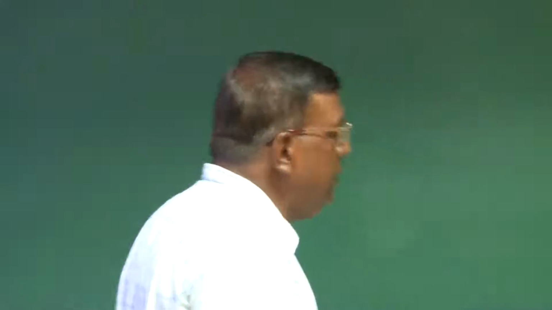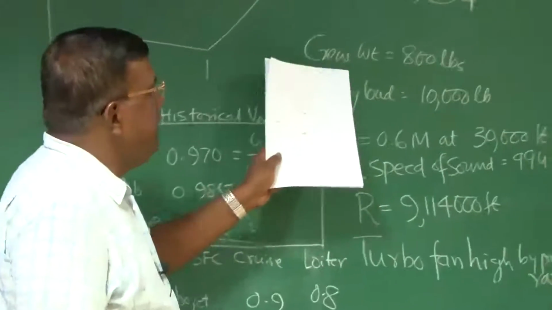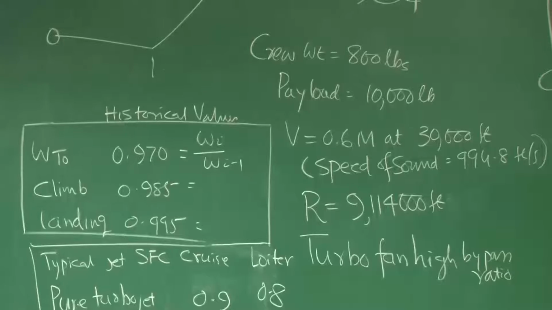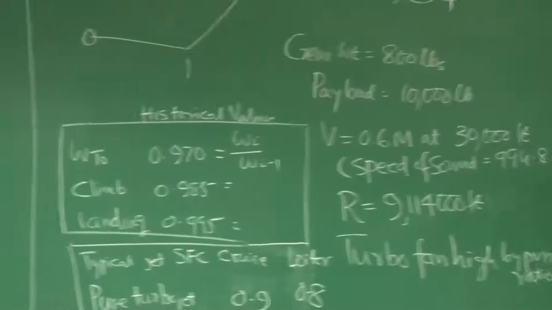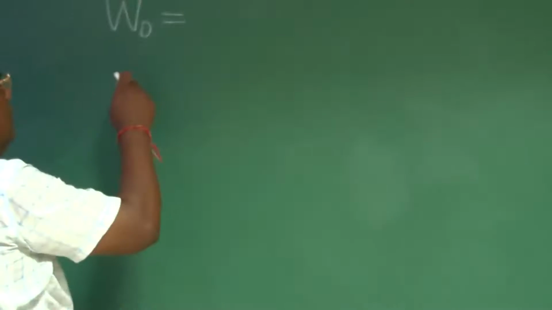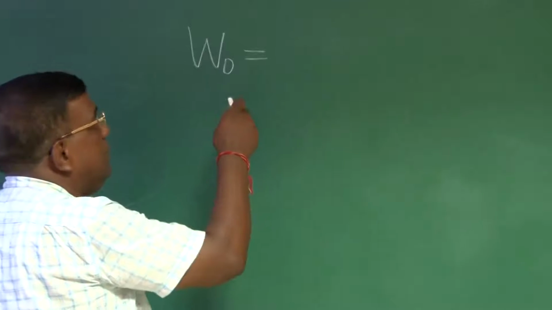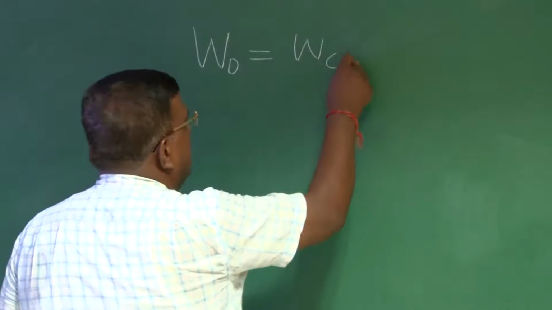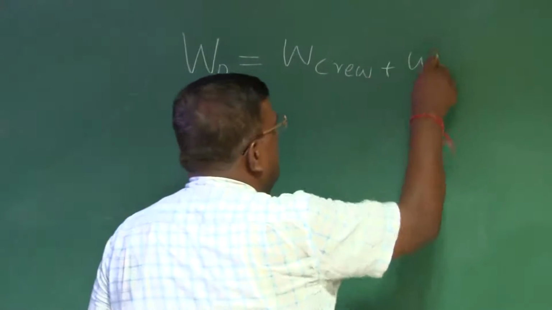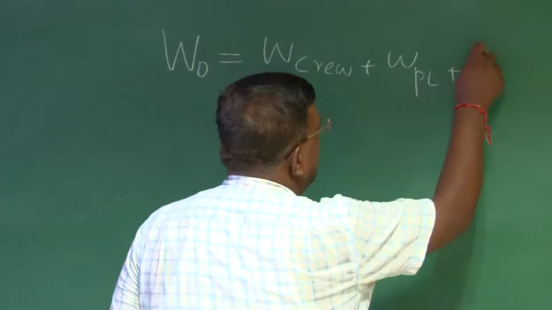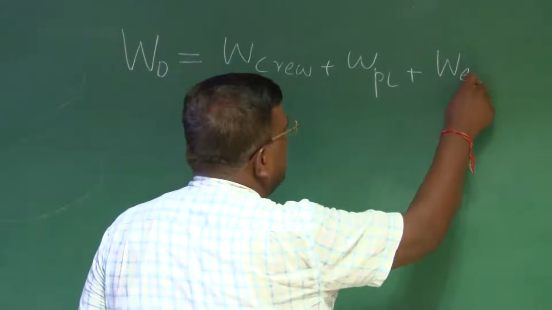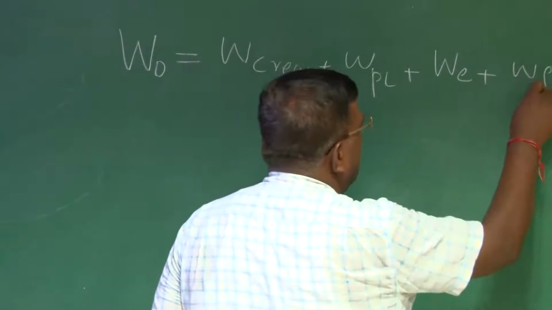So we'll now quickly take the example. I repeat, this is an example given in Raymer's book. What is the mission requirement given there? The crew weight is 800 pounds. Remember, we want to estimate the initial gross weight, and we say that W0 is equal to W crew plus W payload plus W empty plus W fuel.